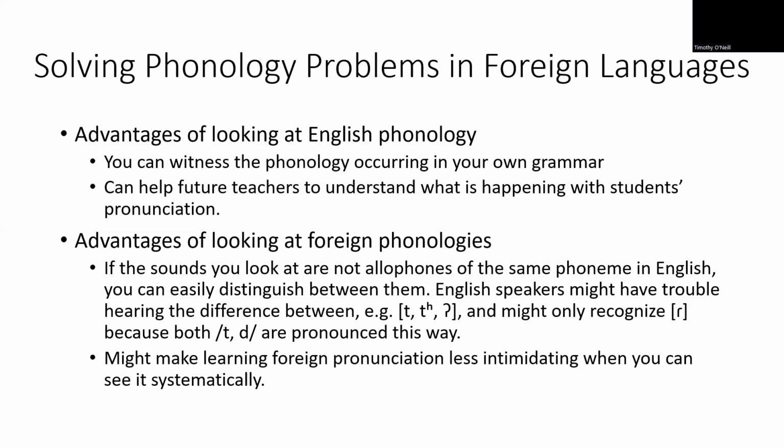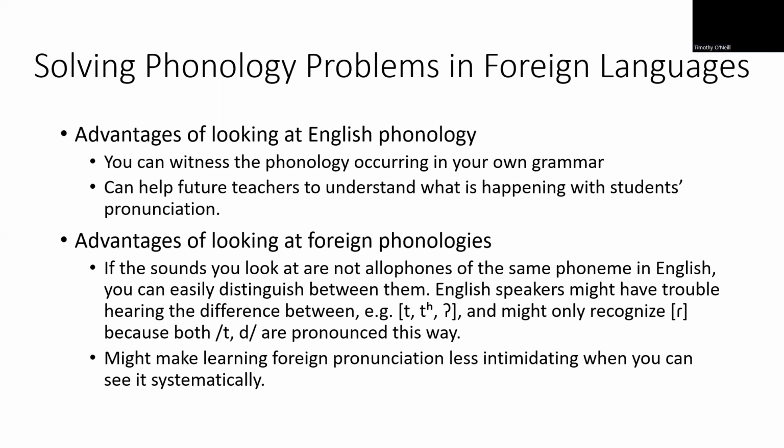Like if you look at, what did we look at last time? Oh, we looked at S and Z in Spanish, right? So S and Z in Spanish are allophones of the same phoneme. So it's really easy for English speakers to hear that difference. Whereas for Spanish speakers, and if you're a Spanish speaker, you probably had this feeling doing the assignment. You're like, wait a minute, this is the same letter or the same sound. And yes, it is the same sound. It's in the sense that it's the same phoneme.